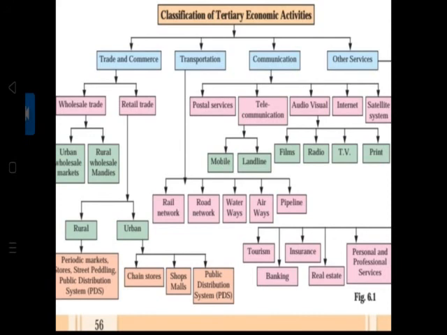Secondary: when I talk about it, it should click in your mind that it is manufacturing, processing, something to do with the production of goods. So I hope I am clear on how we have identified each of these sectors, with just one word allotted to each.